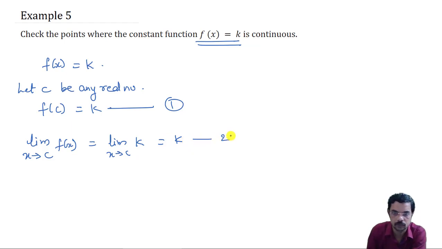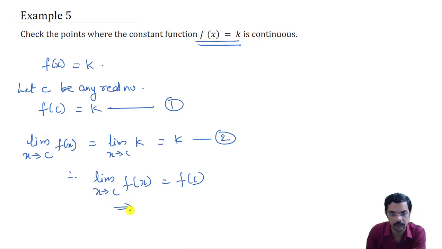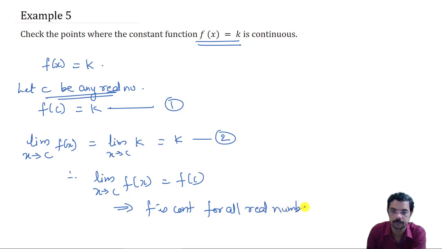So limit x tends to c f of x is equal to f of c. So this implies f is continuous for all c, right? c was any real number. For any real number we have shown that it is continuous for all real numbers. Okay, next question.